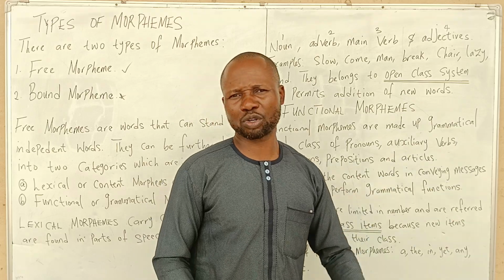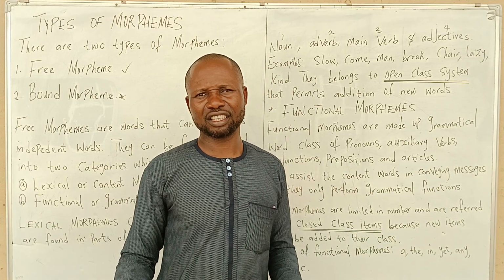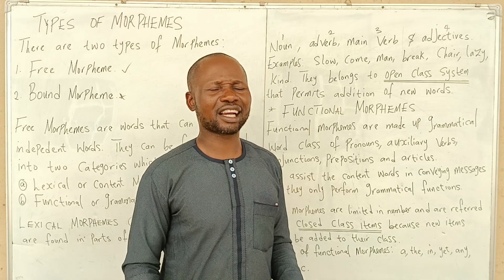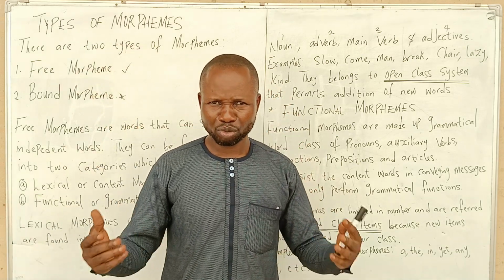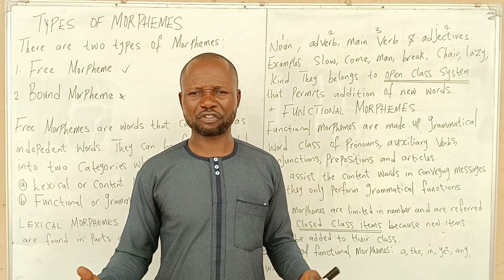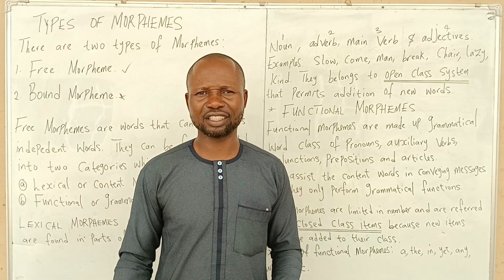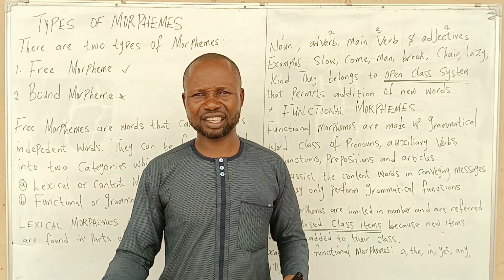Lazy means someone that is not up and doing, that slacks behind. Then kind means someone who has a good virtue. In fact, sometimes we say a philanthropist or someone who is accommodating. That is an adjective.